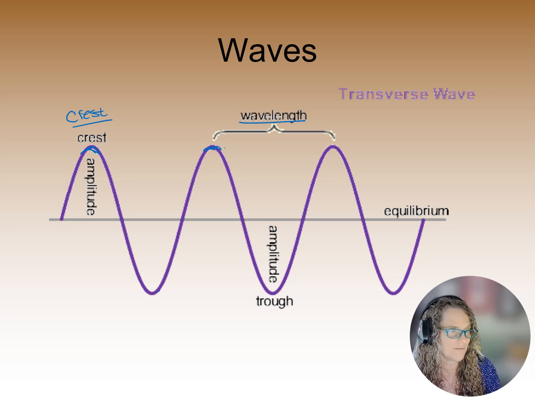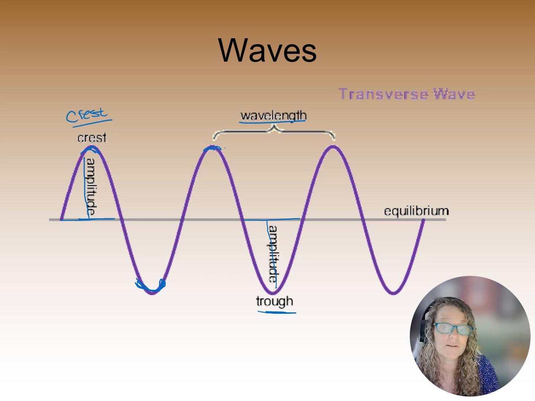The height of the wave is going from this middle line to the top, or the middle part to the bottom, and that's the amplitude of the wave. So it's not the whole very top part to the very bottom part. It's from the middle to the extreme, either the bottom part or the extreme top part. That's amplitude. And then the trough is the low part, like what the animals drink out of is a trough that holds stuff. So that's what the trough is called.